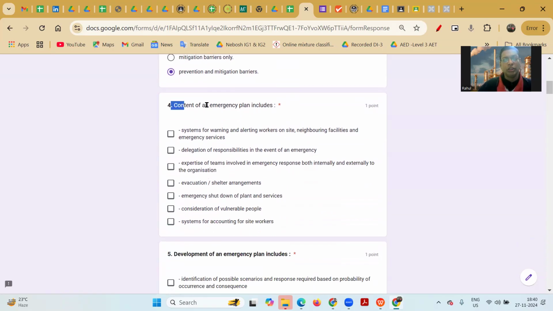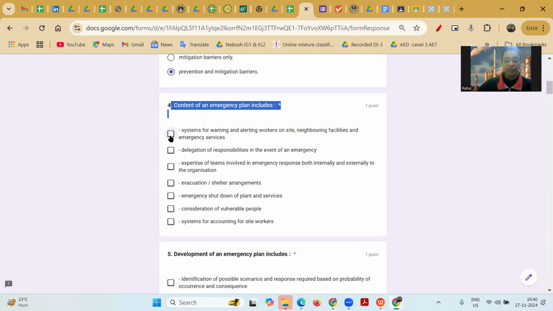Now we see this question: the content of an emergency plan includes. As a process safety industry, the emergency plan is a must. It should be ready in advance all the time, and companies should always have preparedness for that. So what will be part of the emergency plan?